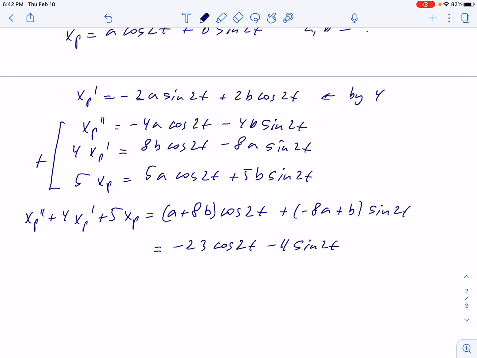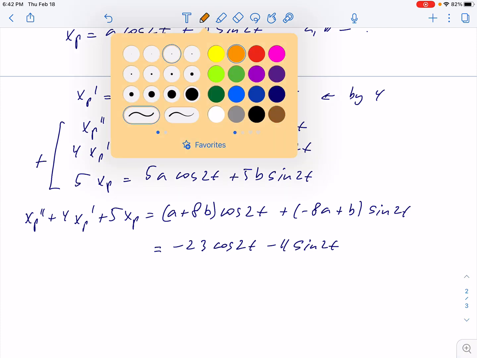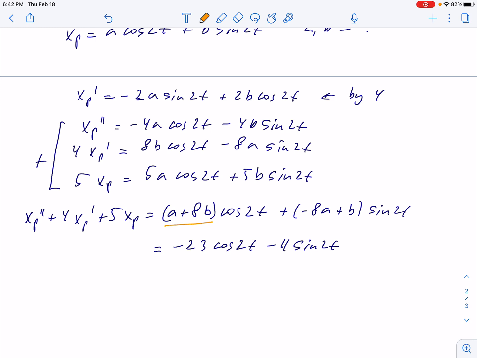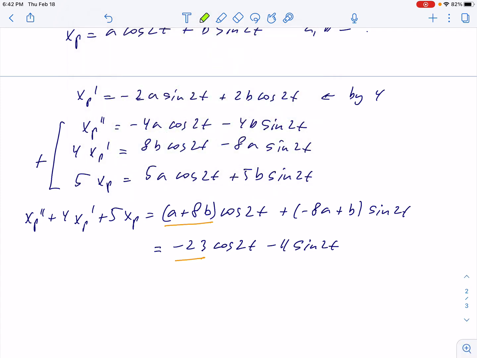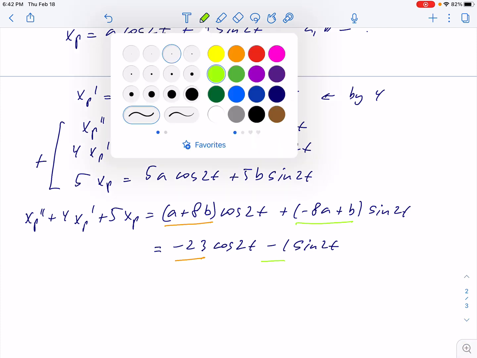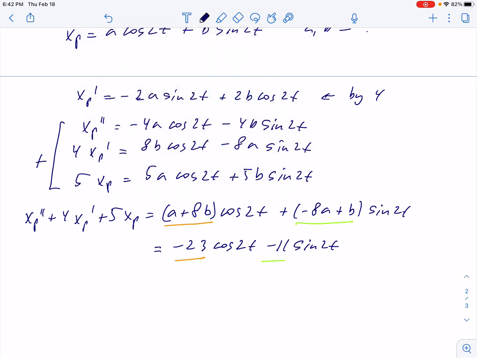In front of cosine, let's underline like that, and in front of sine, this should be equal to this. That's 11, not 4. Let's make a better 11 here. Better 11. Okay.